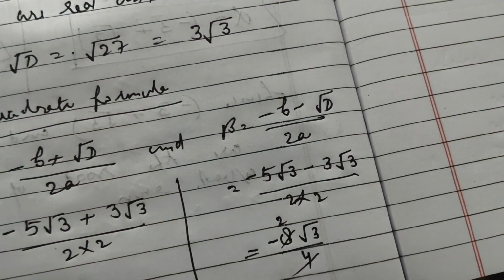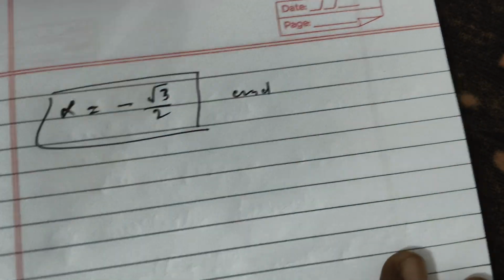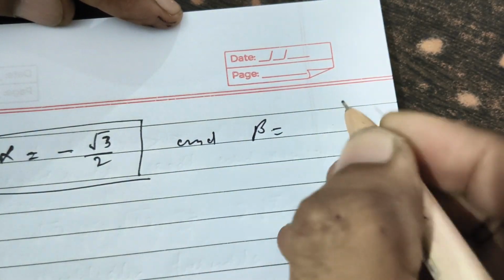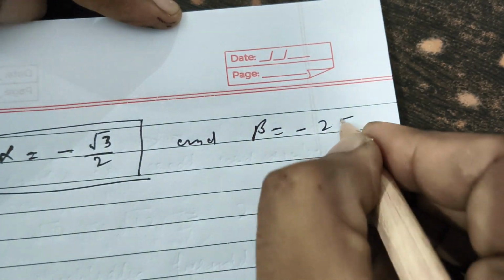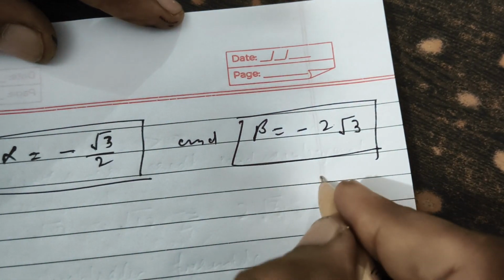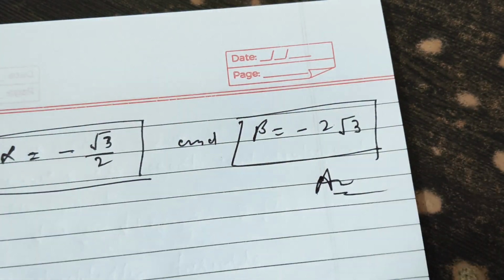So β is equal to −2√3. α = −√3/2 and β = −2√3 are the roots of the given quadratic equation.